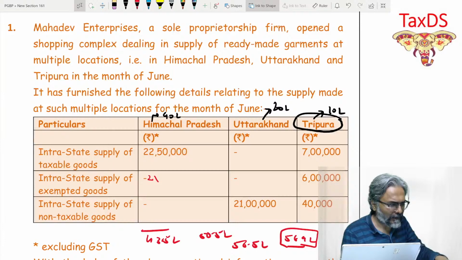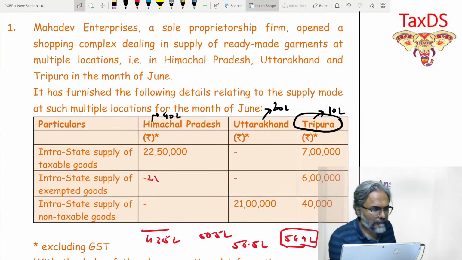Then thereafter, which you can see over here. So in this particular case, students, as you know, all are special category states.